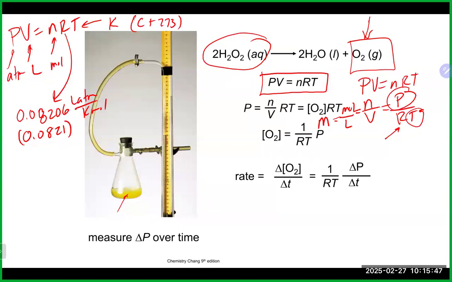If I was doing this, would my pressure be high to begin with or low to begin with? Would my pressure be increasing or decreasing with time? What do you think? It would be increasing with time because our reactant here is not a gas. The only gas is on our product side.